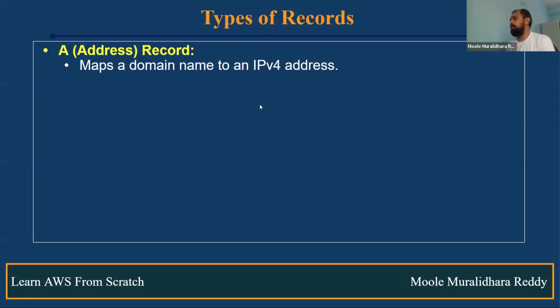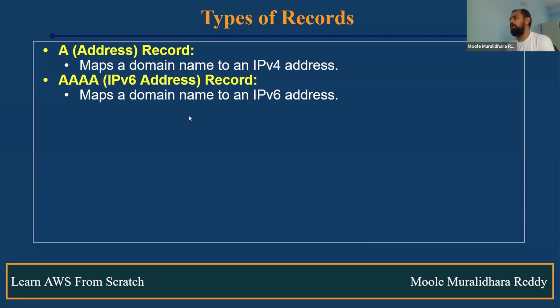And the AAAA record is the IPv6 address record. If you want to map the domain to IPv6 addresses, we will use the AAAA record. Remember, so far most organizations don't use AAAA records; especially we will use the A record only.